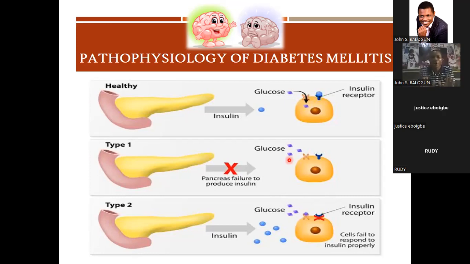So all of this makes it difficult for the production of ketone bodies, unlike what we see in diabetic ketoacidosis.